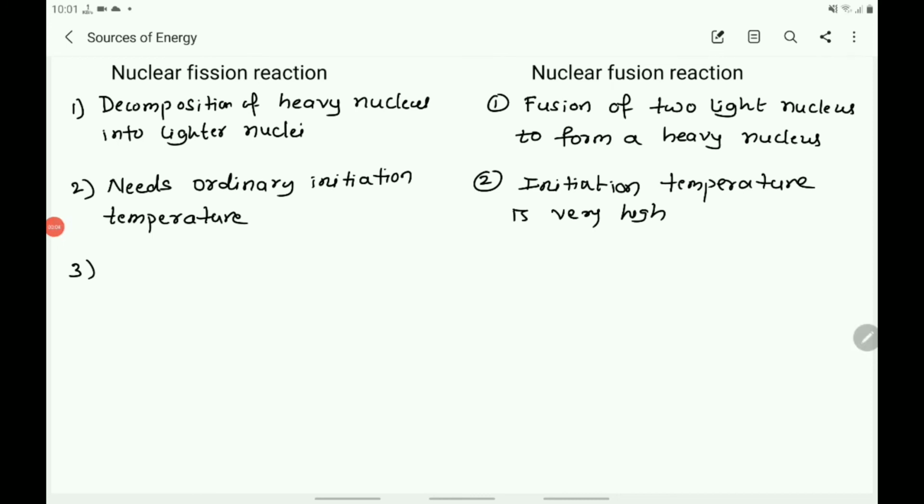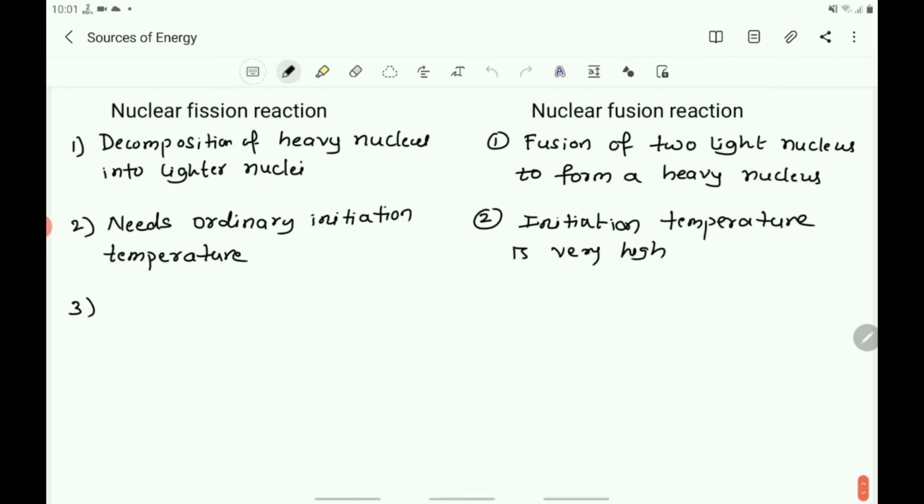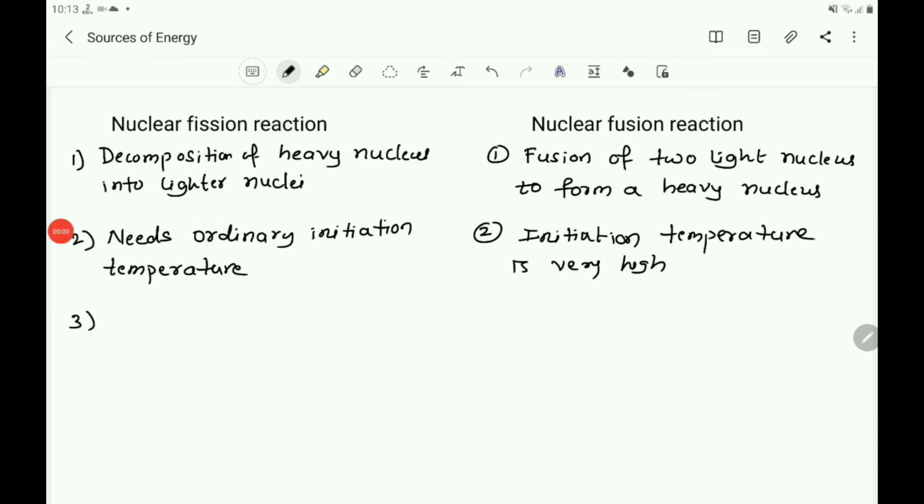Third, comparatively lower amount of energy is obtained. In nuclear fission reaction, comparatively low amount of energy is obtained.